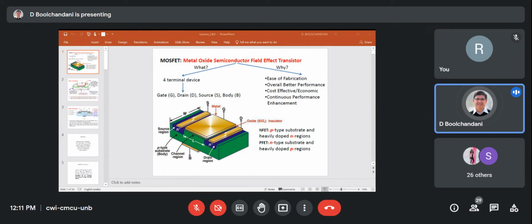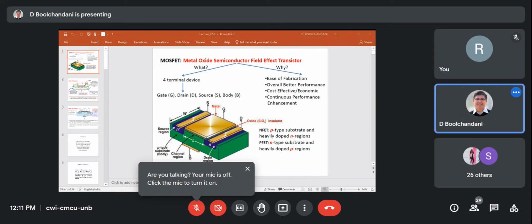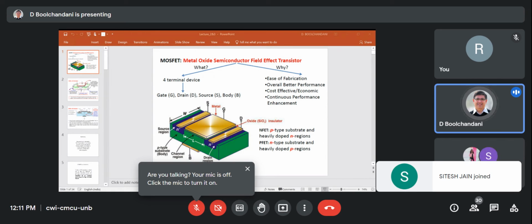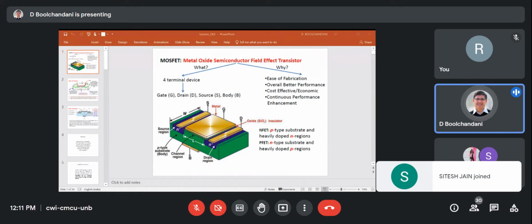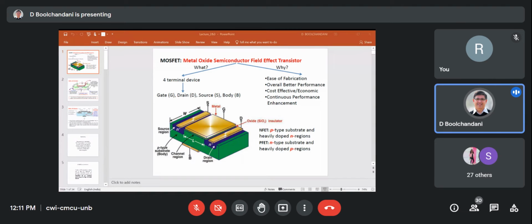In the gate region, you have the P-type substrate, then a silicon dioxide insulating layer, and on top of the silicon dioxide, a metal layer. That is why it is known as metal oxide. Metal is your gate region, oxide is the insulating layer between the metal and semiconductor, hence metal oxide semiconductor field effect transistor.